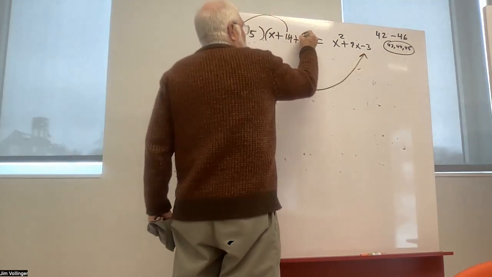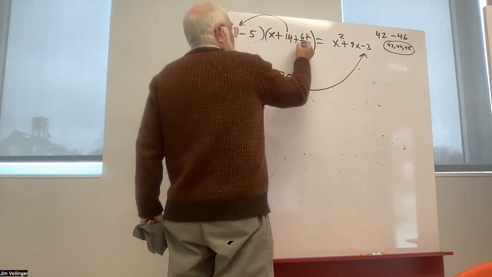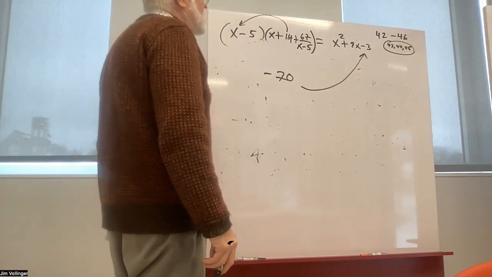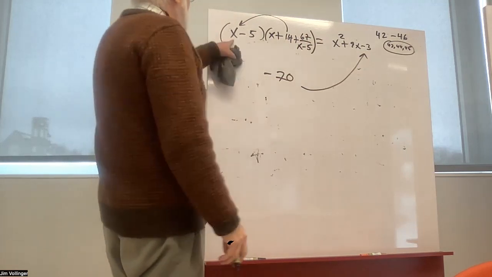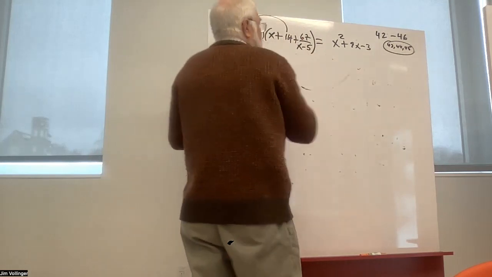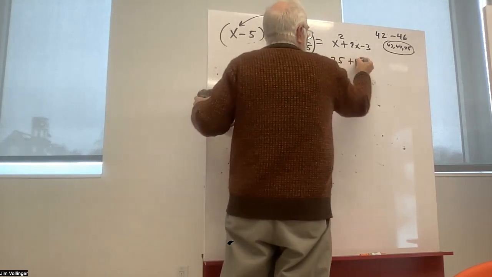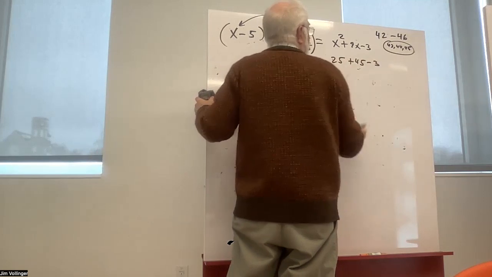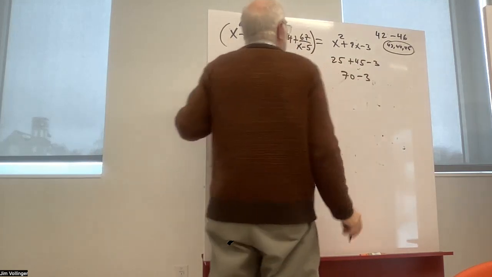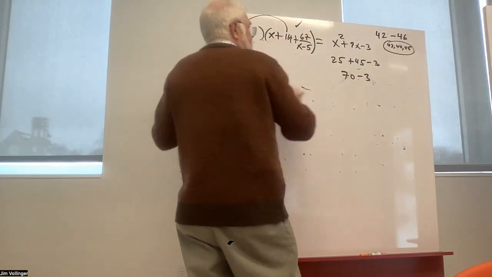I better go up 67 units. And get rid of that multiplication of x minus 5, where I won't get the constants to work out. So 5 is the user-friendly number. Let's see if that adds up to 67. 25 and 45 minus 3. That's 70 minus 3. I think I'm moving on.